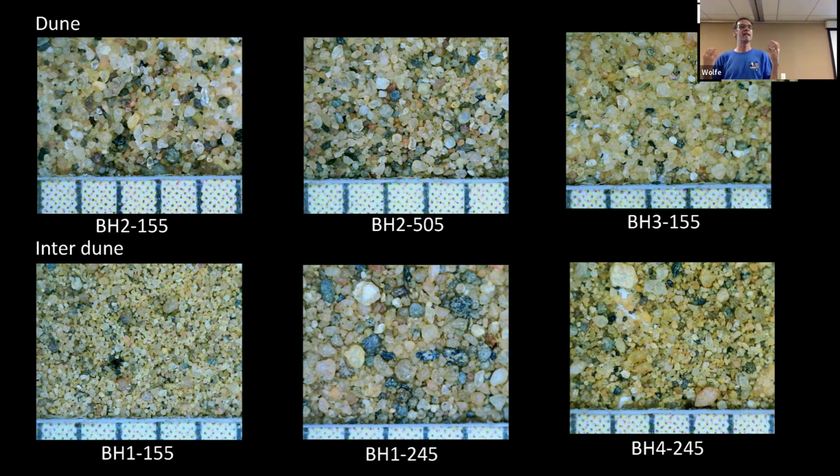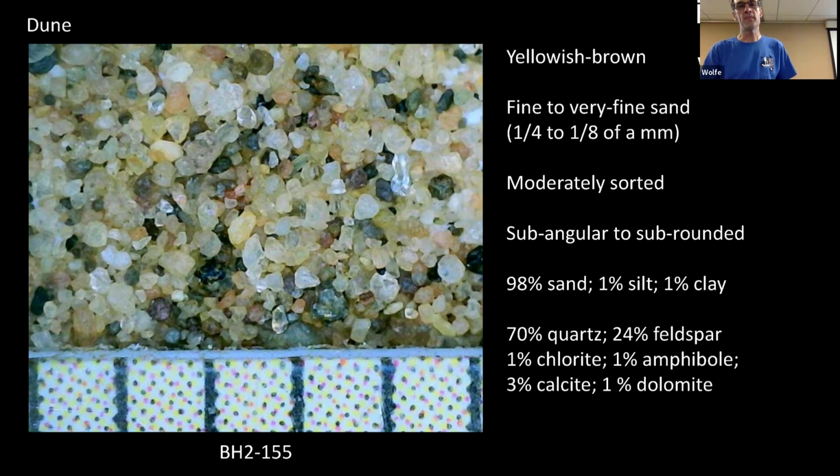And we still have really nice dune sands. All right. From a perspective of color, they're yellowish brown, very fine. Like I said, it's 1/4 to 1/8 of a millimeter. They're moderately sorted. There is a range of size. Look how glassy some of them look, right? They're really shiny and glassy. That's quartz.